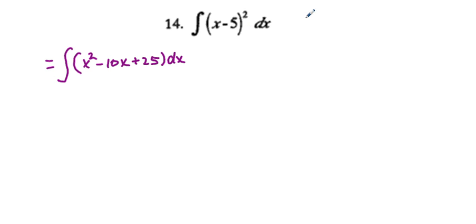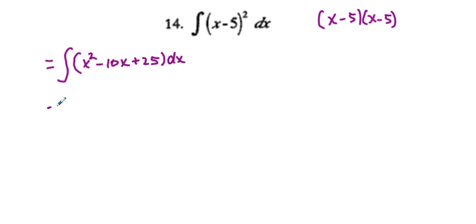If you multiply quantity x minus 5 times quantity x minus 5, you'd get x squared minus 10x plus 25, just some practice.